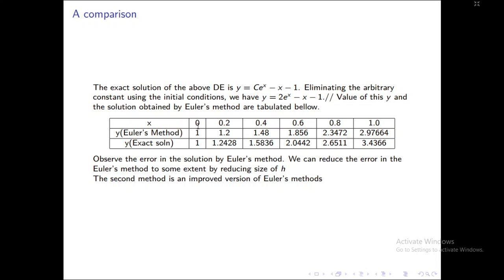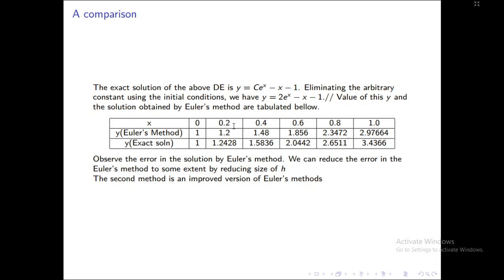The values of y obtained in Euler's method and the exact solution are not exactly the same. There is a difference between them, and that's the error in Euler's method.